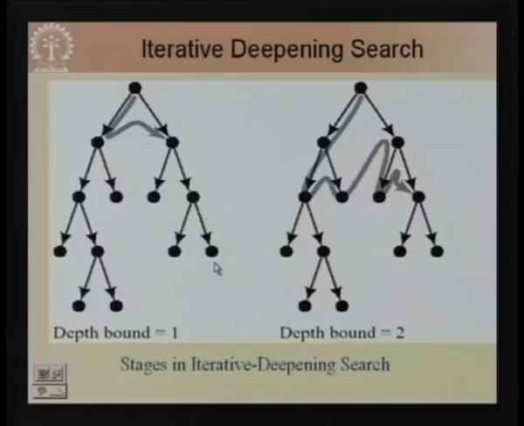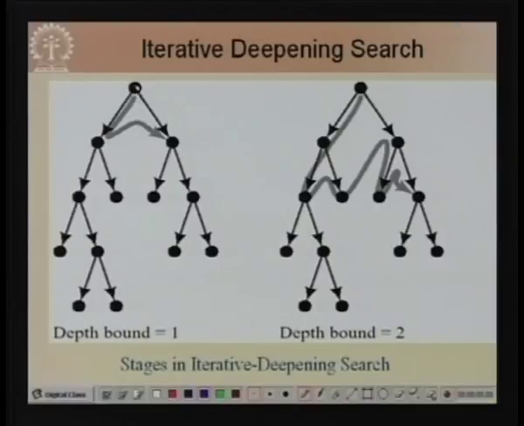So, let us illustrate this. So, this is a search tree. If we do iterative deepening search, this is the first node to be expanded. So, initially limit is equal to 1. So, we get this node, then this node, then this node. For the second depth limit with limit equal to 2, this node is expanded, then this, then this, then this, then this, then this, then this.